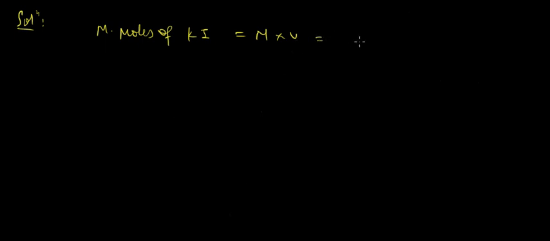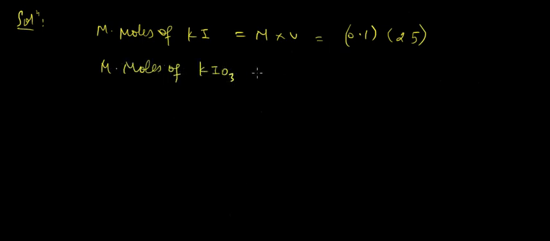Molarity of KI is given to be 0.1 and volume of KI which is used was 25 ml. Hence millimoles of KI can be calculated from this. And now if you have to calculate millimoles of KIO3, so millimoles of KIO3 would be nothing but 2.5 upon 5. And why am I writing this?